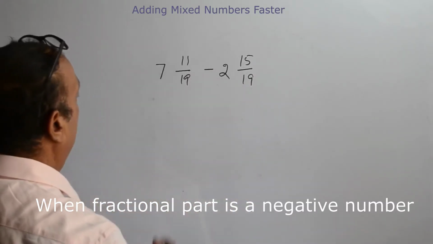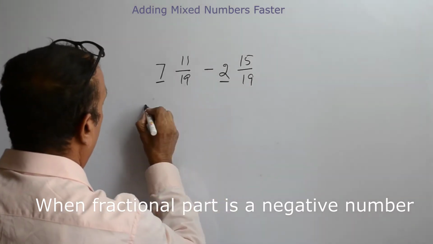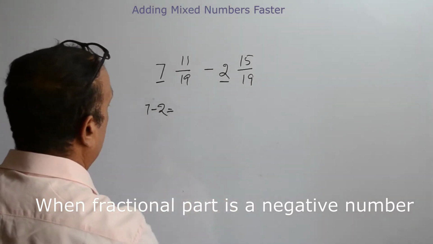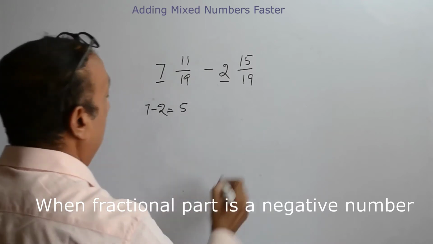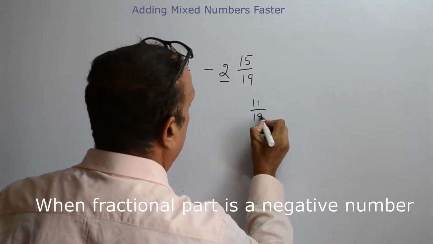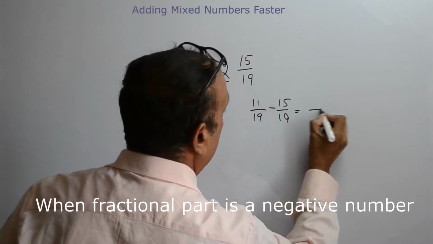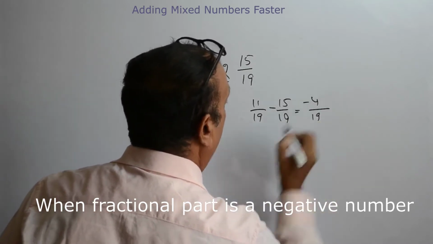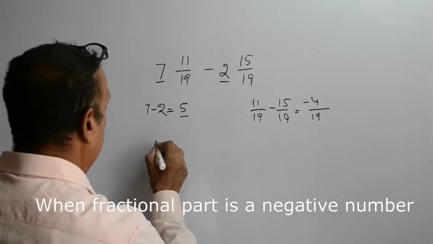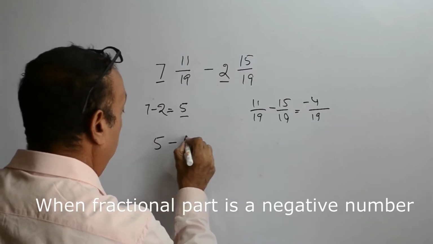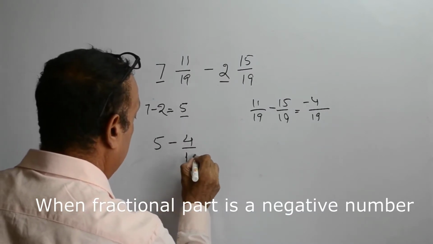To solve this problem, deduct 2 from 7 and we get 5. Now 11 upon 19 minus 15 upon 19 gives us minus 4 upon 19. So we need to deduct 4 upon 19 from 5.